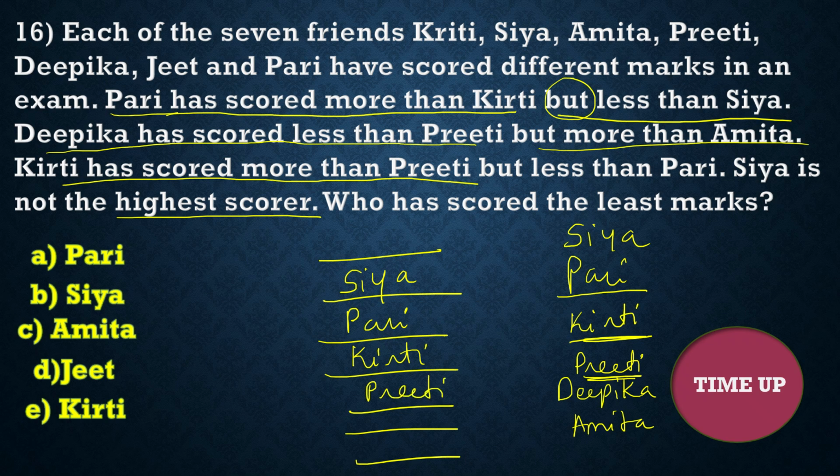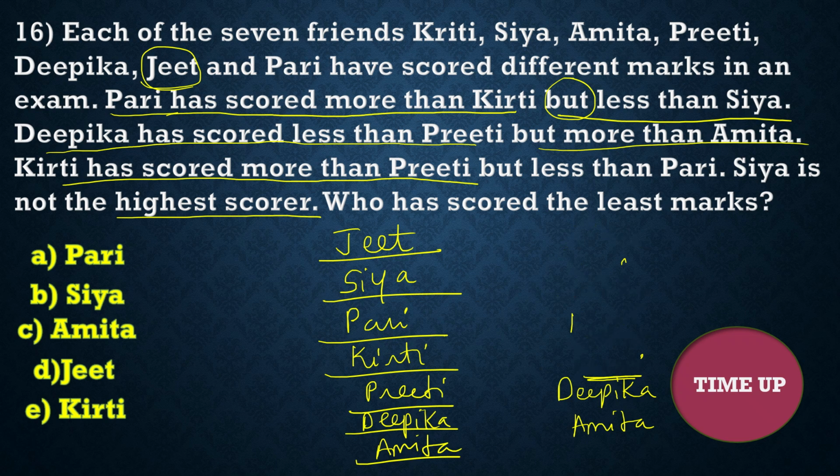Priti will be here, Deepika will be here, and Amita will be here. Who is left? Seven friends are there, no? So who is left? Jeet is left. So Jeet will be placed here. That's it.